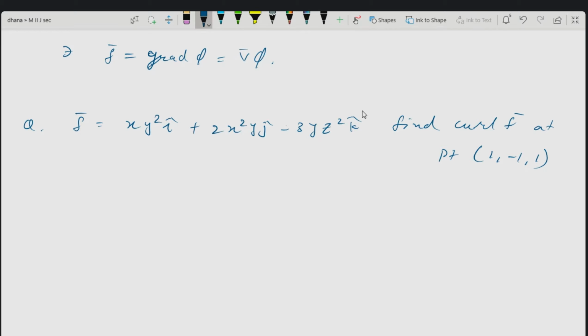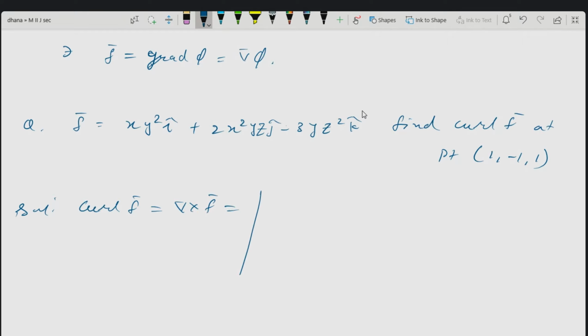Okay, so here you have z also. Solve. What do you need to calculate? Curl of f bar, that is del cross f bar.